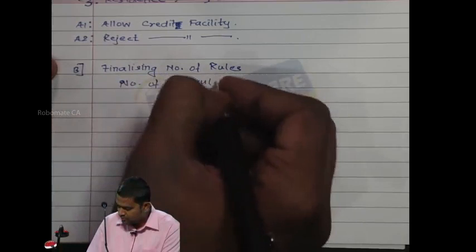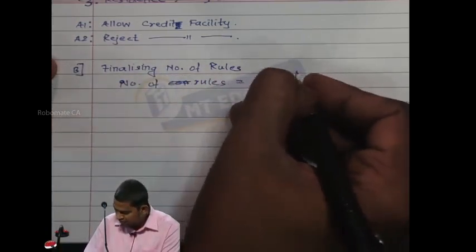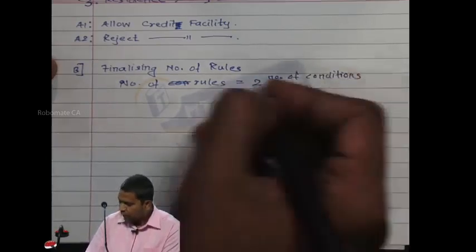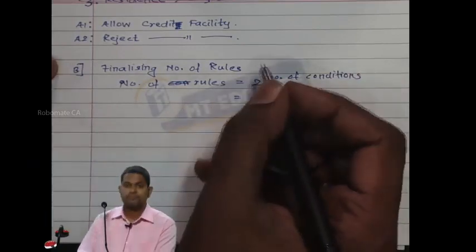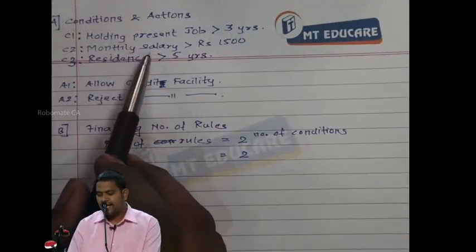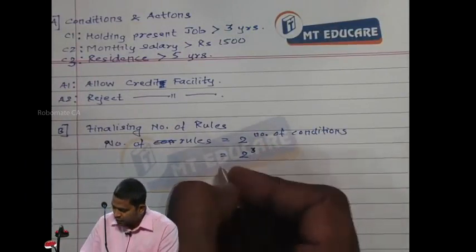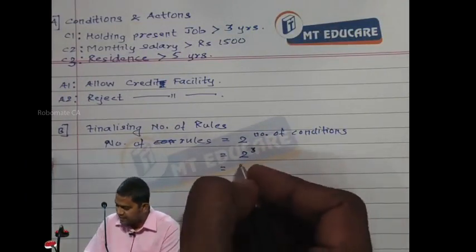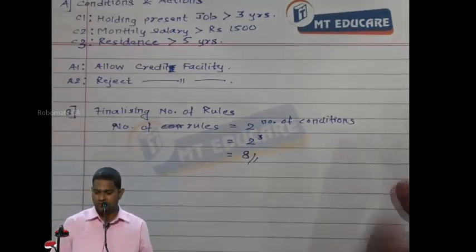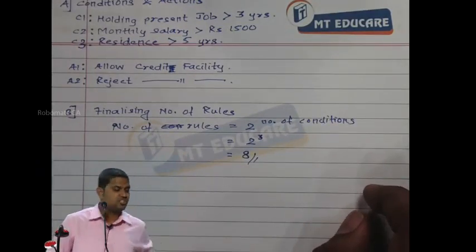Number of rules equals 2 raised to the number of conditions, which is equivalent to 2 raised to 3, as there are 3 conditions: holding present job, salary and residence. 2 into 2 is 4, 4 into 2 is 8. So now we have finalized: there have to be 8 rules. Okay.